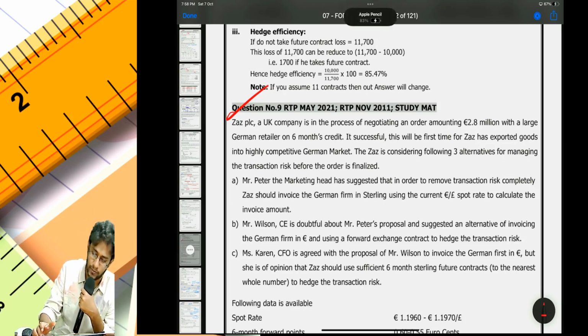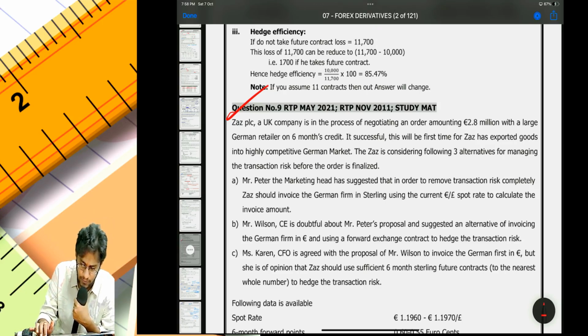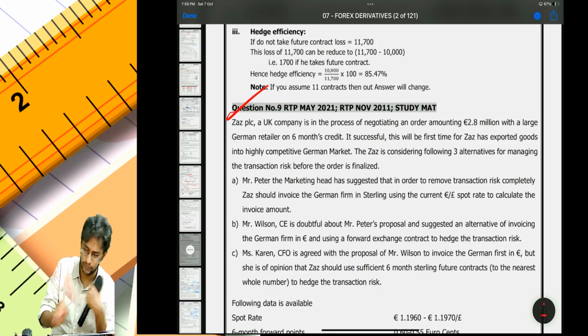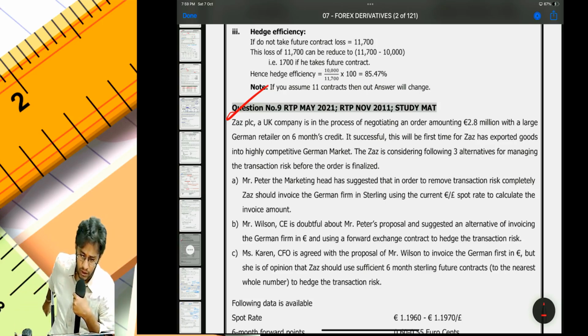Zaz PLC, a UK company, is in the process of negotiating an order amounting to Euro 2.8 million with a large German retailer on 6 months credit. Stop there. You are a UK company. You are negotiating an order worth Euro 2.8 million, 28 lakhs.